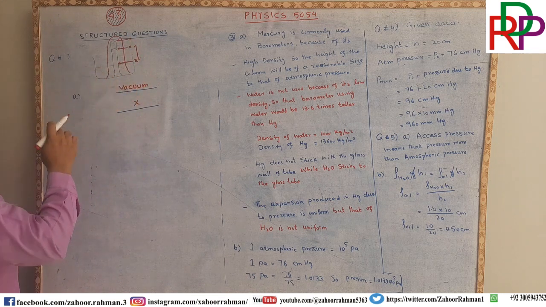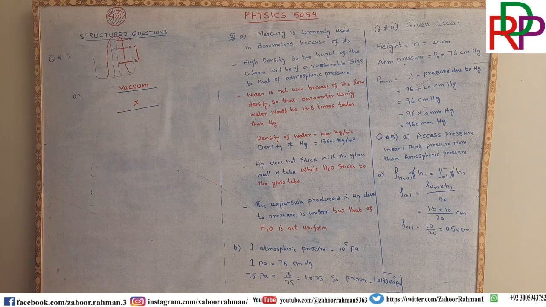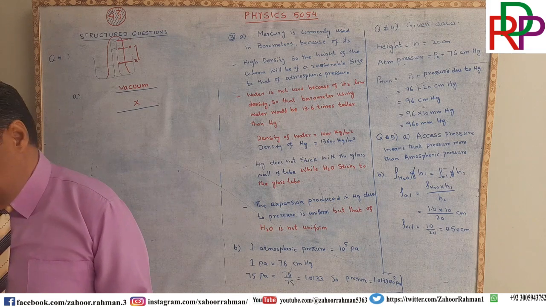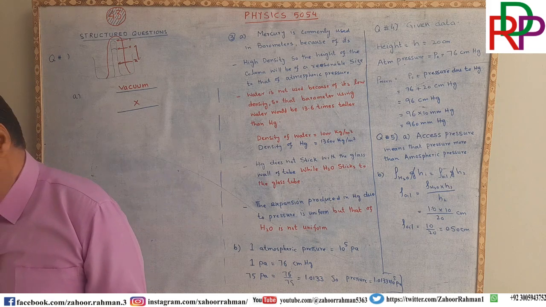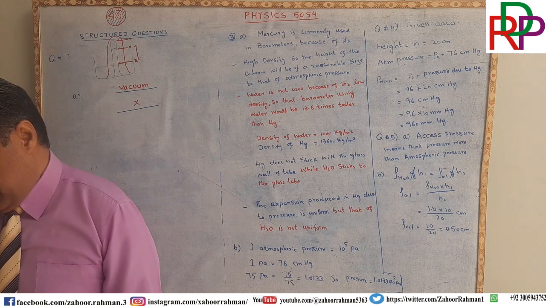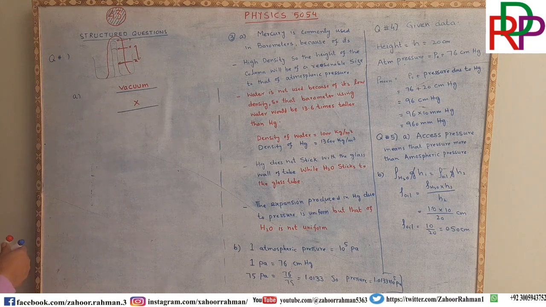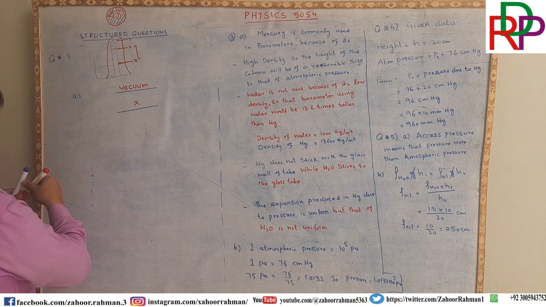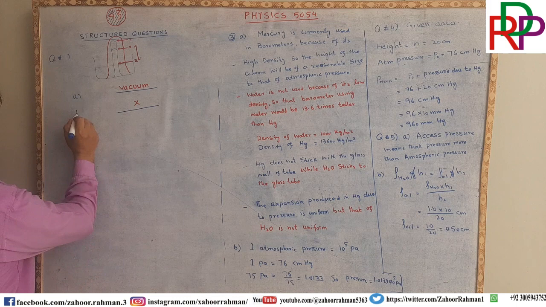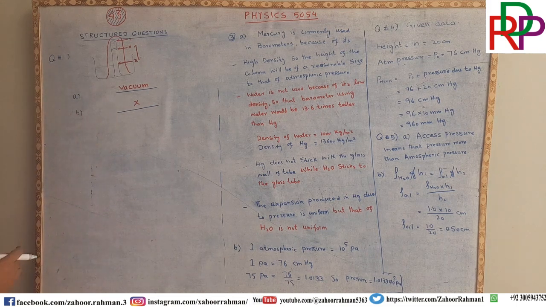This is a small diameter of this tube and that is a large diameter of this tube. So the question is asking whether it will have any effect on the reading of the barometer. Let us do this by means of mathematical calculation and then we will derive the conclusion.